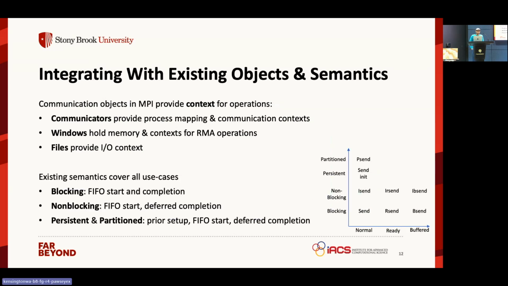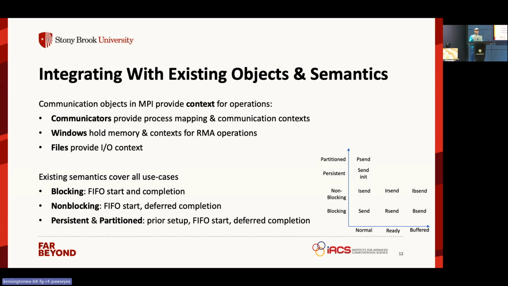So we do have communication contexts in MPI, right? We have communicators that provide process mappings and communication contexts. Usually there's network context attached to them. We have windows that hold memory and the context for RMA operations, and files, of course, for I/O.